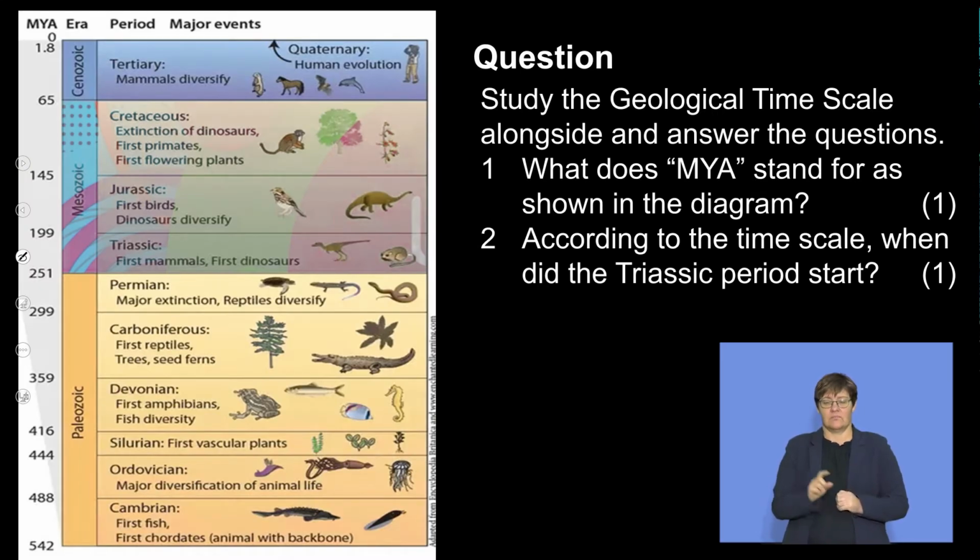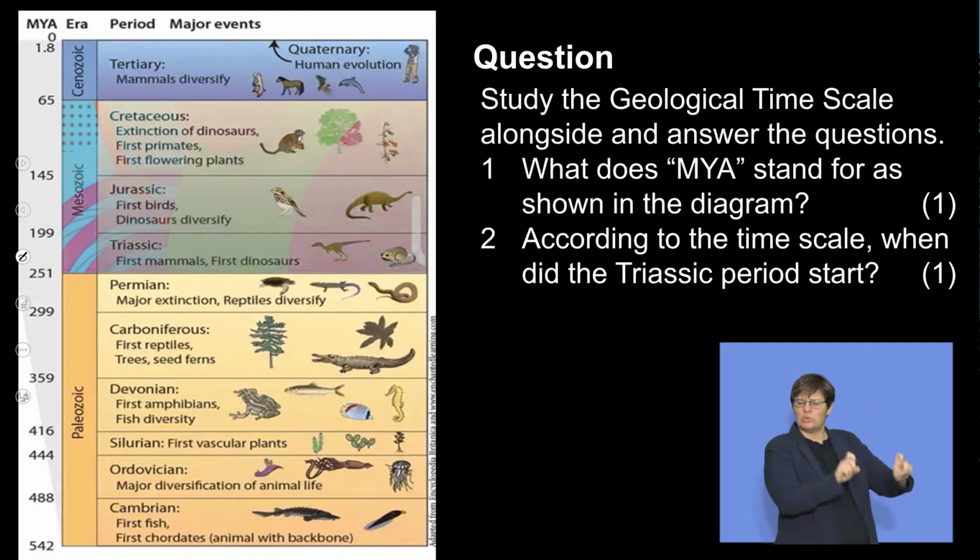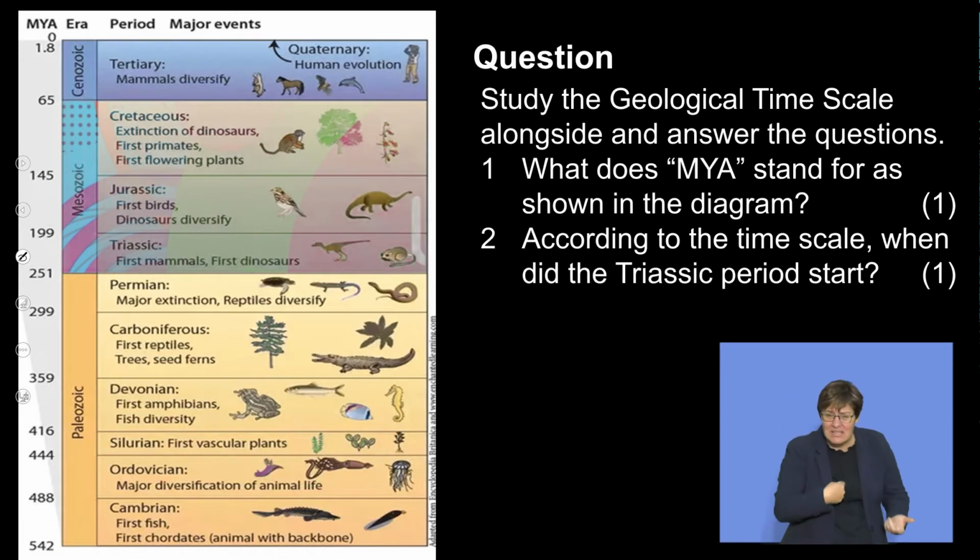Next question. How do they ask questions on this? Are you expected to know all these names and which animals are found where? And the answer is no. You do not have to memorize the geological timescale. You need to know the names of the three eras.